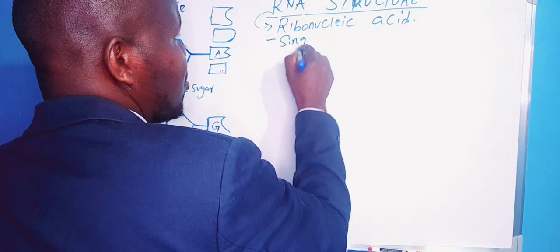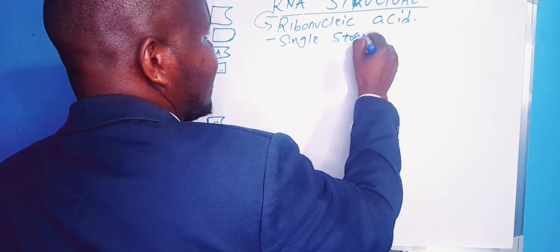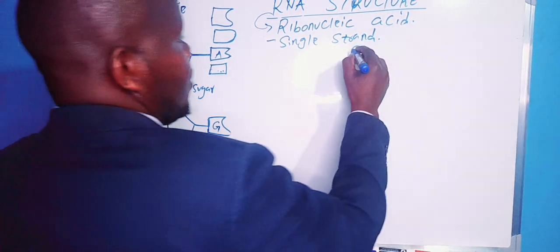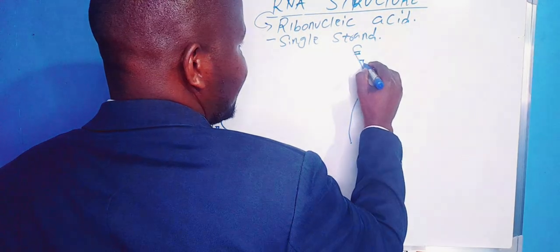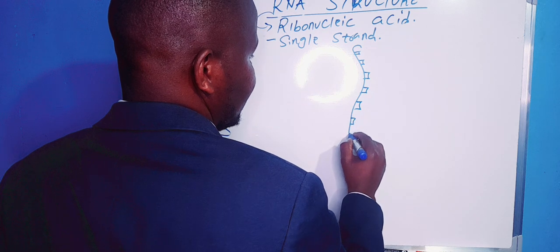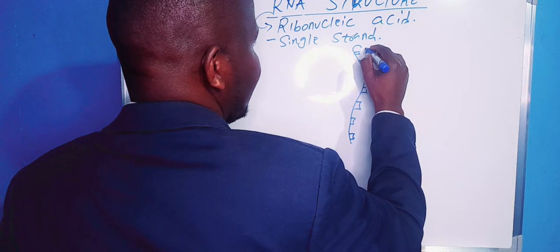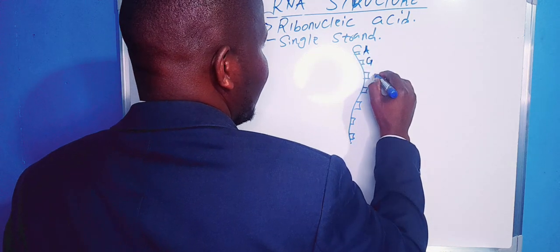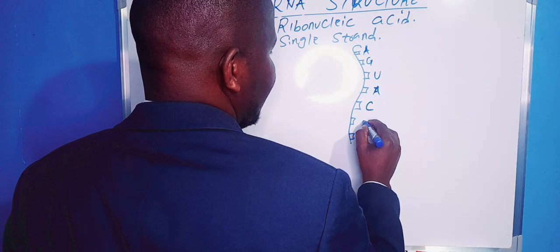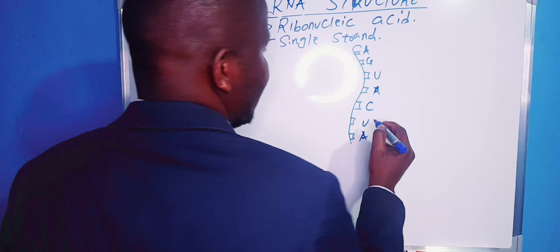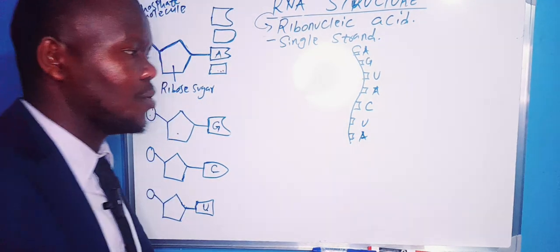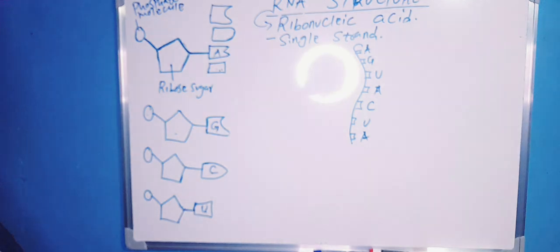RNA is a single strand, and we'll have the nucleotides along this line, let's say adenine, guanine, uracil, adenine, cytosine, uracil, adenine. Those are a single strand that we are speaking about.